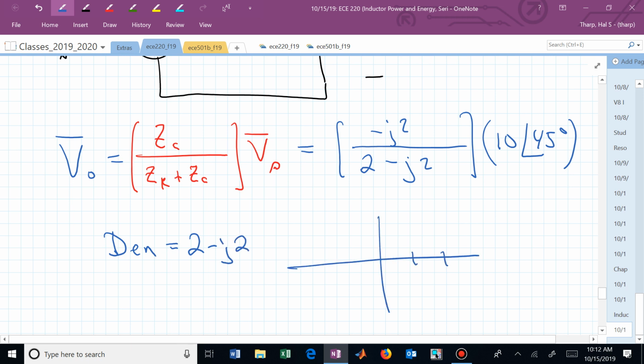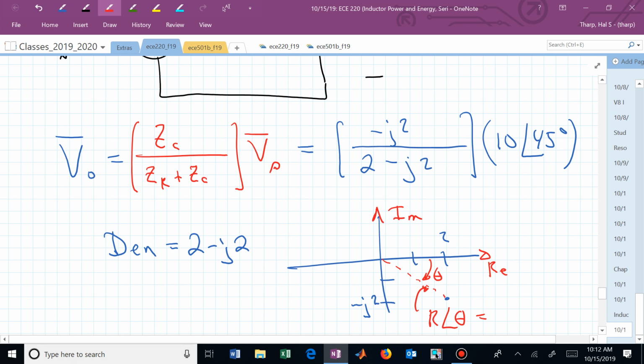Here's 2 and here's minus J2. We want to now express that point. This is the real axis. This is the imaginary axis. We now need to find this radius and this angle theta.